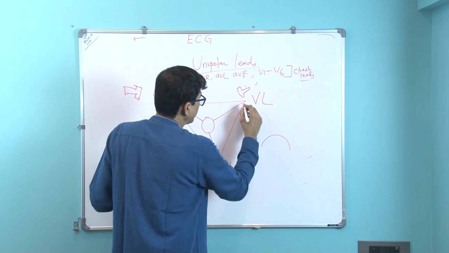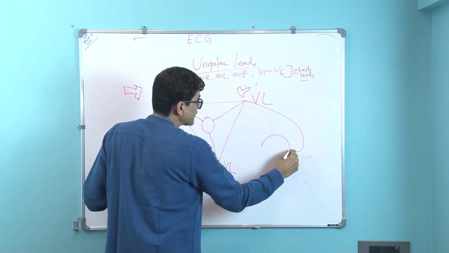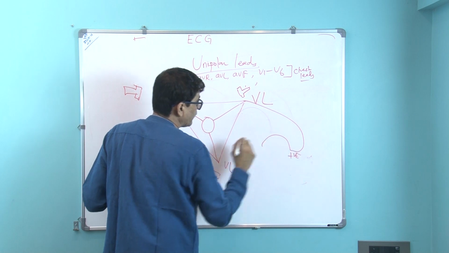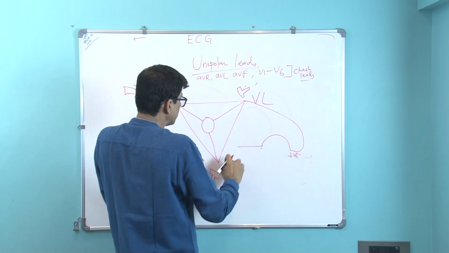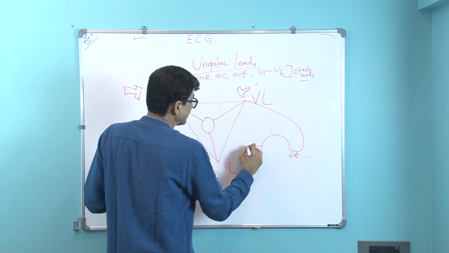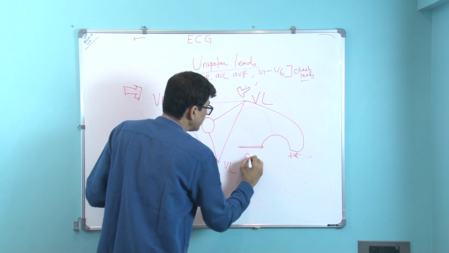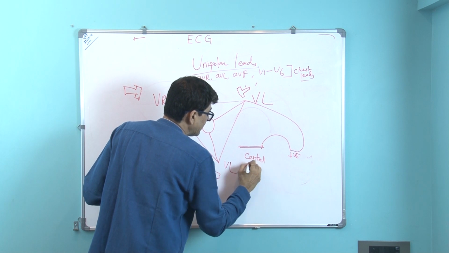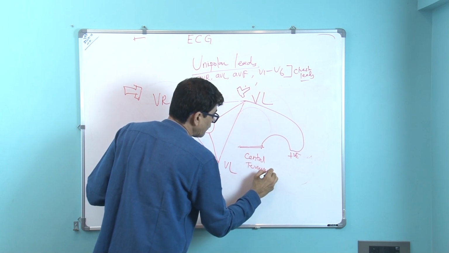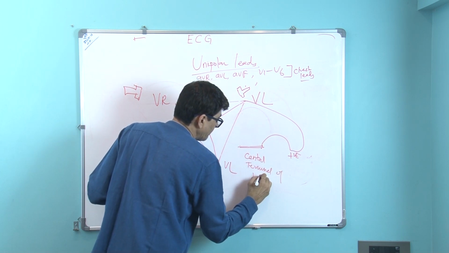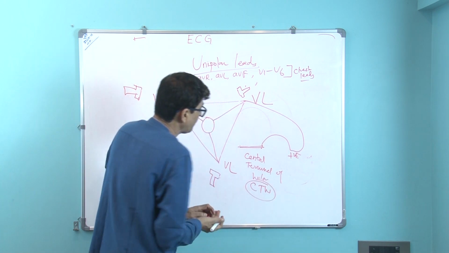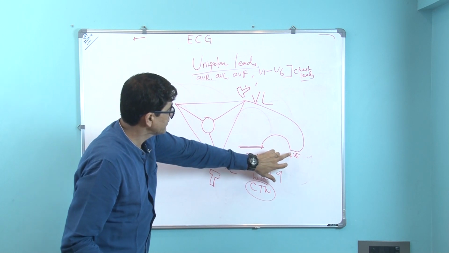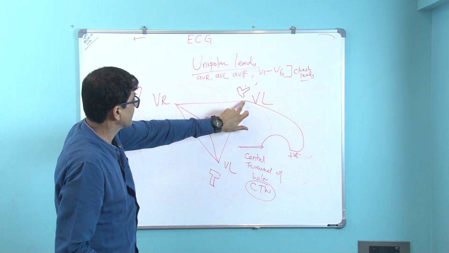This is the galvanometer, this exploring electrode is connected to the positive pole of the galvanometer, and the negative pole is a combination of all three. That is also known as the central terminal of Wilson, because the potential is 0 and this becomes positive, becomes V.